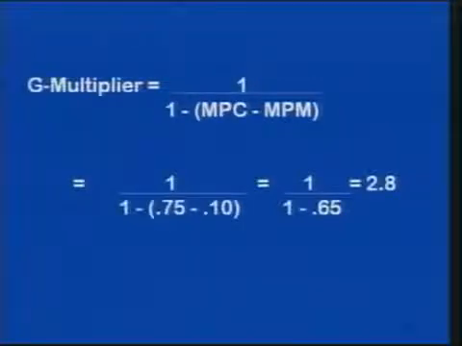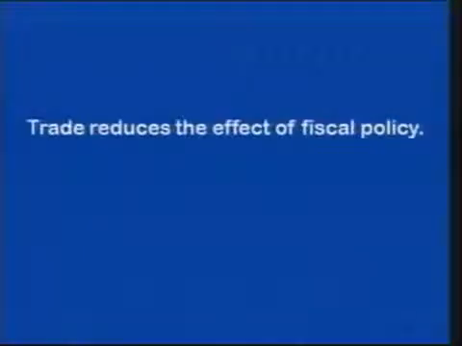So essentially, over time, as we've gotten more and more enmeshed in global trade, the ability of fiscal policy to stimulate has somewhat disappeared, or not disappeared, but been mitigated. Stimulus policies that worked very well in the 40s aren't going to be quite as effective now. So trade reduces the effect of fiscal policy.